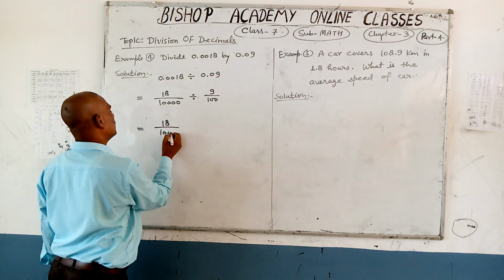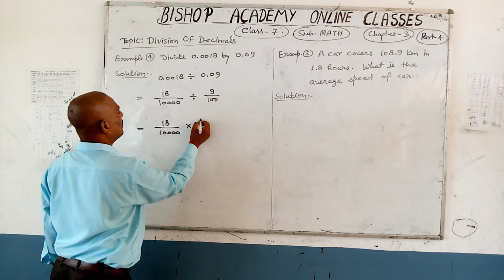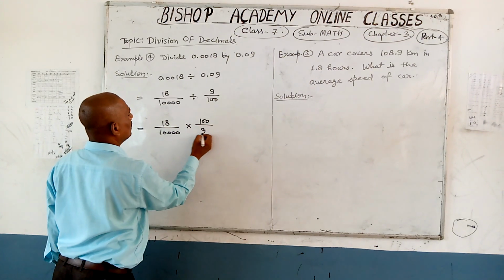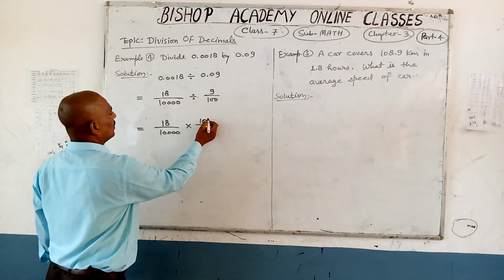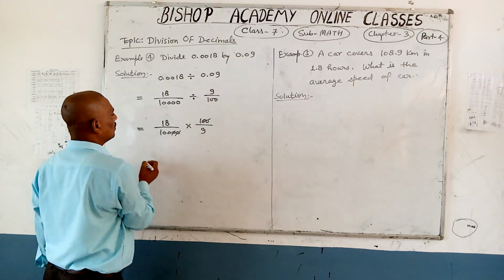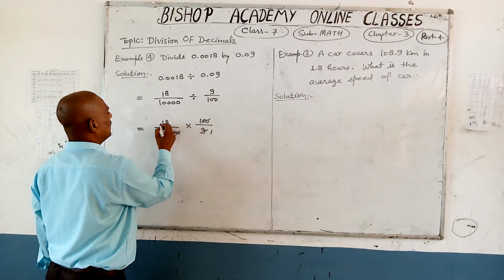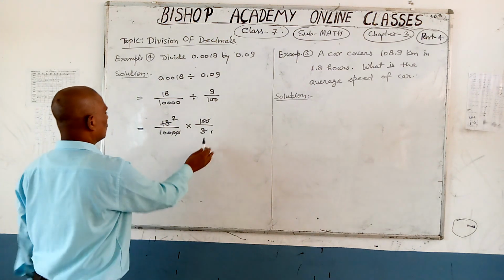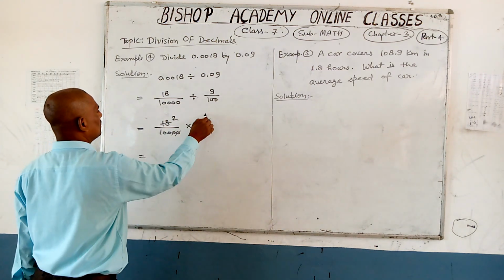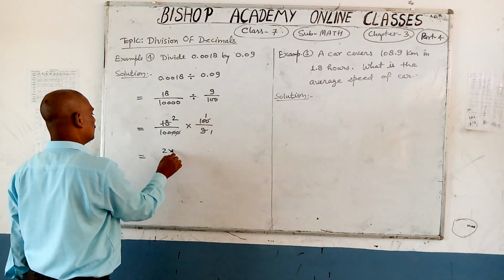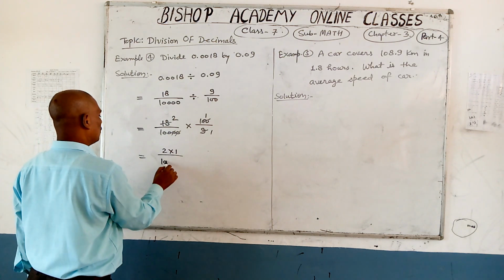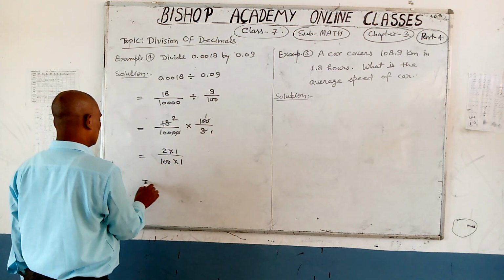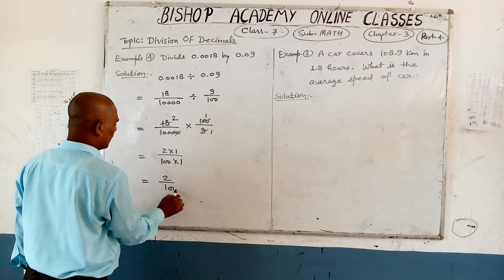18 upon 10,000 multiply 100 upon 9. So here 100 cancels by 100, 9 2s are 18, 9 1s are 9. Through simplification you get 2 upon 100.